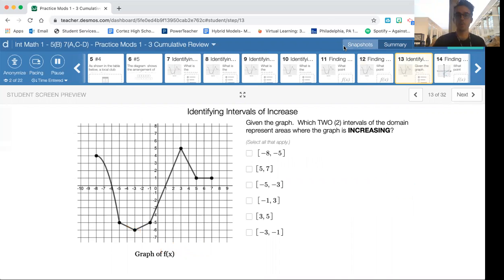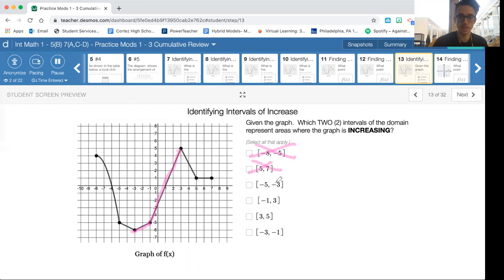Increasing, okay. Well, I think it might be helpful to just pinpoint where this is happening. Don't fall into how it's multiple choice. Really look at where it's increasing. So where do you think that's happening? Hopefully you're saying from here to here and also from here to here. So -8 to -5, that's not it. 5 to 7 is over here where it's just constant.